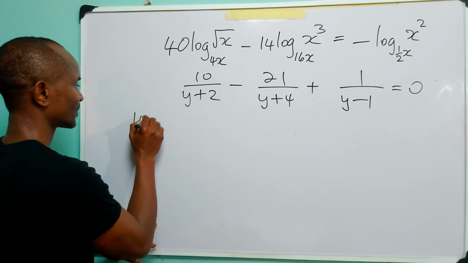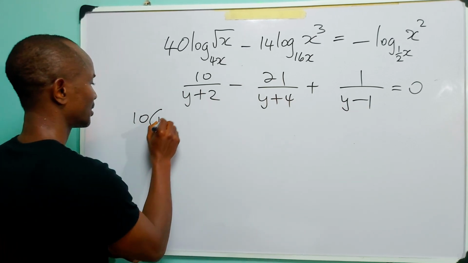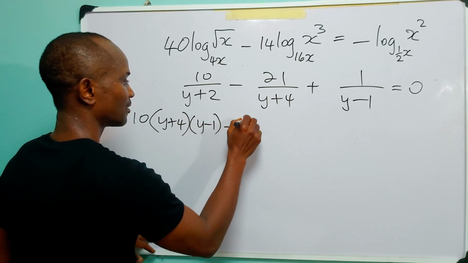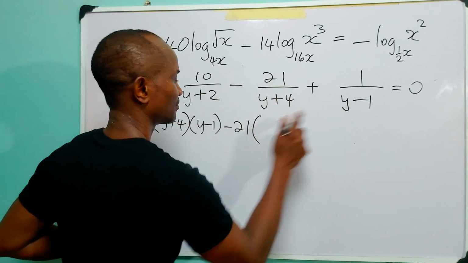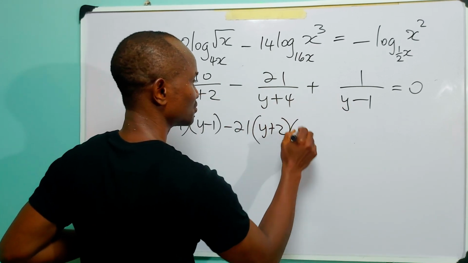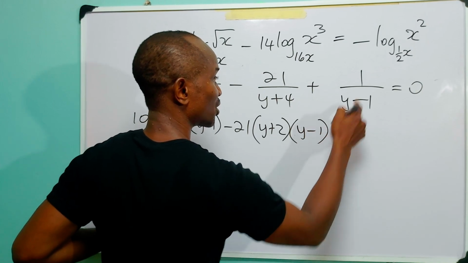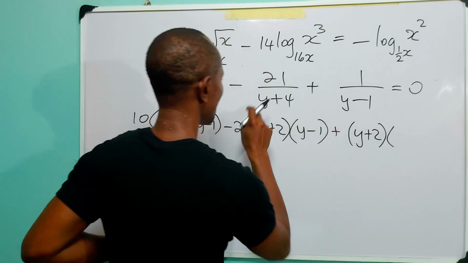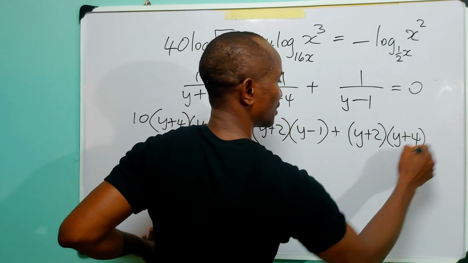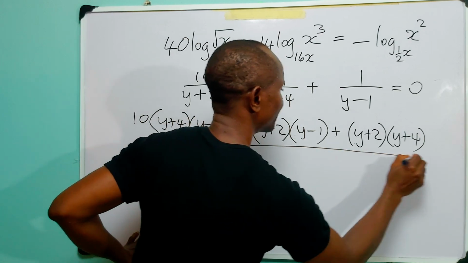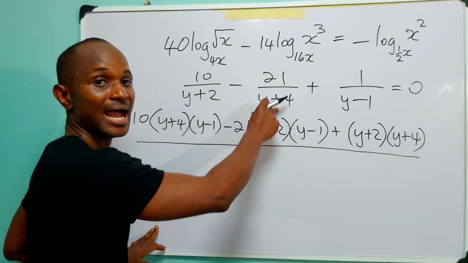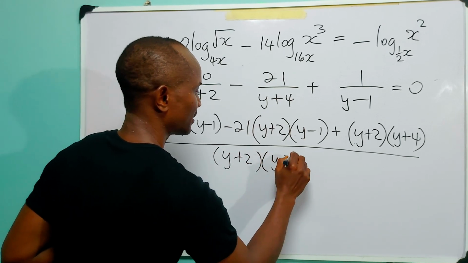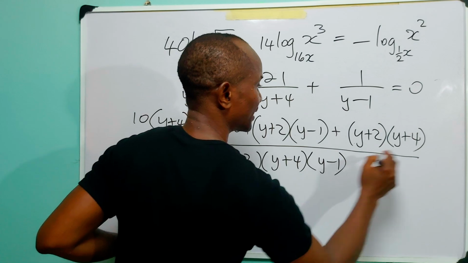We have 10 into y plus 4 multiplied by y minus 1, minus 21 into y plus 2 multiplied by y minus 1, plus 1 into y plus 2 multiplied by y plus 4, everything divided by the product of y plus 2, y plus 4, and y minus 1.